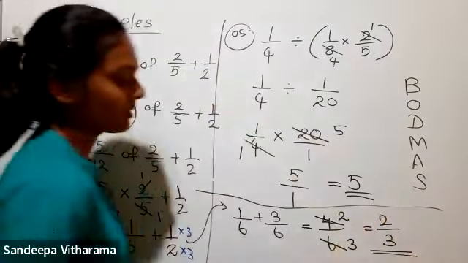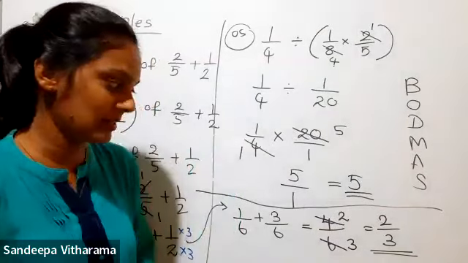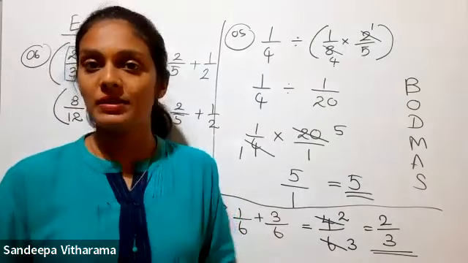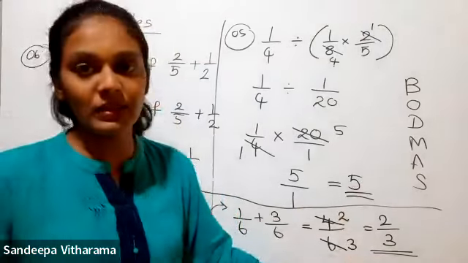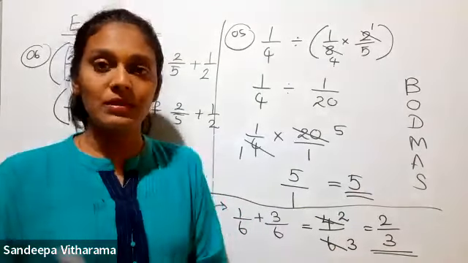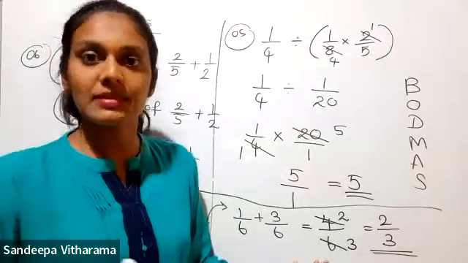So when you have got a fraction as an answer, that can be simplified further. So you have to convert it into its simplest form. Okay. Otherwise, some of the students ask whether your answer is not correct. No, it is correct.